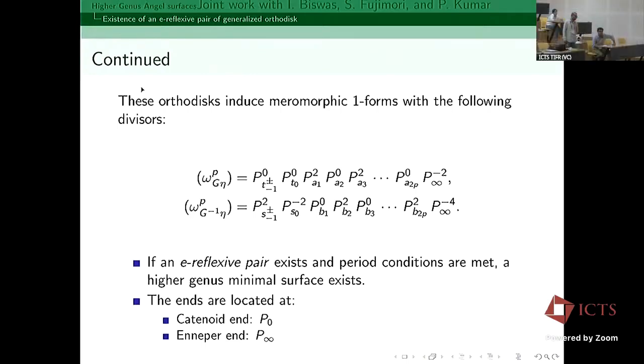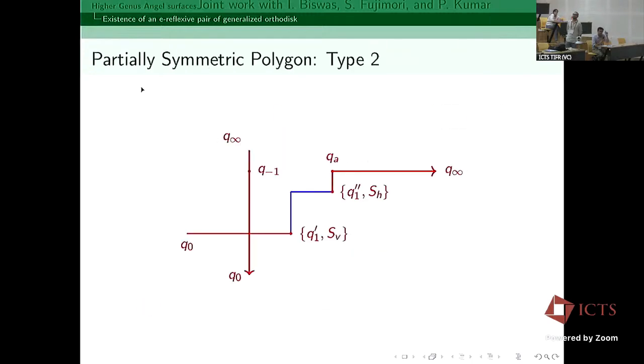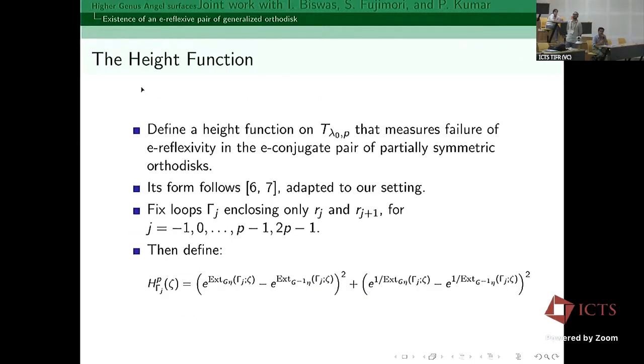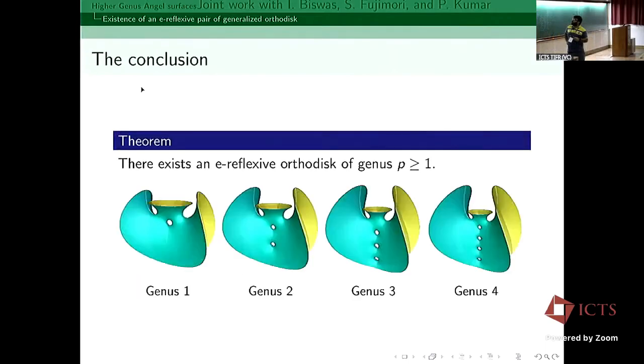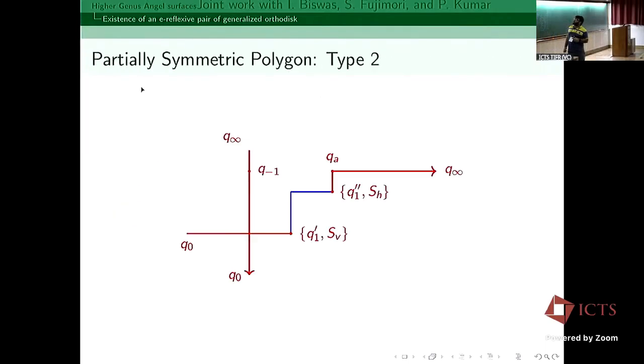I just wanted to ask, where are the two ends in your picture? In the polygon's picture, one of the Q naught is lying outside, for one of the ortho disks.